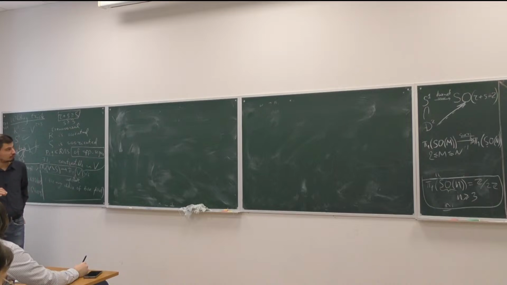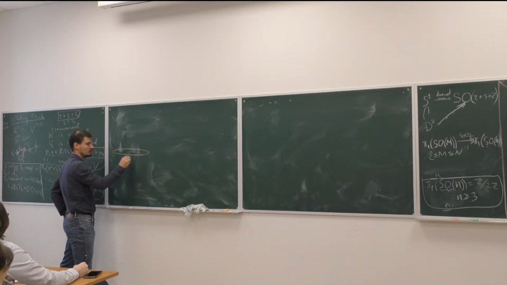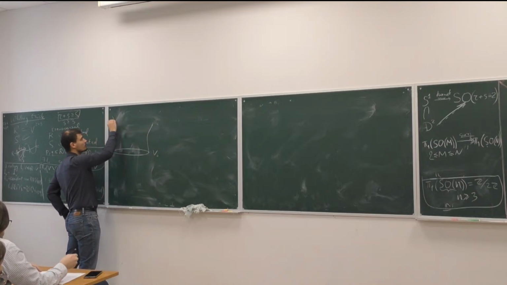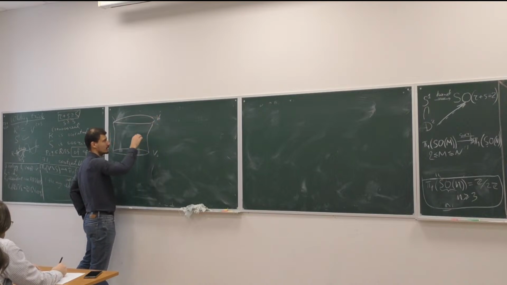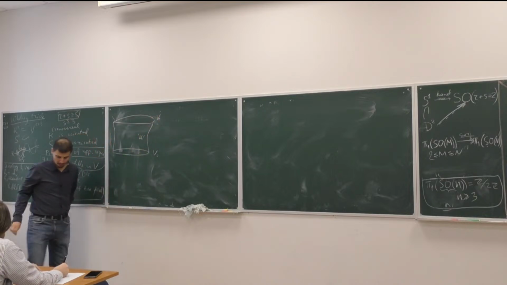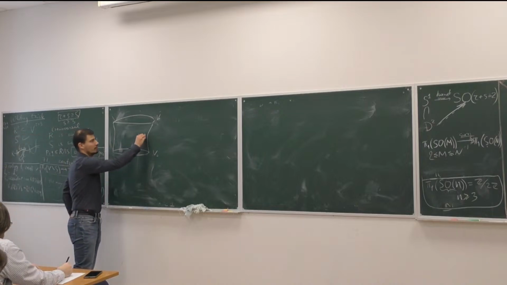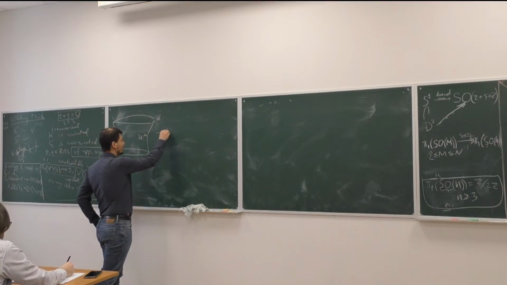I would like to remind you that, well, we return to our situation. We have such a triple V0, V1, W. This W has dimension n. And we have here a Morse function.